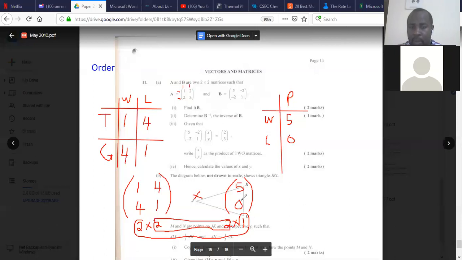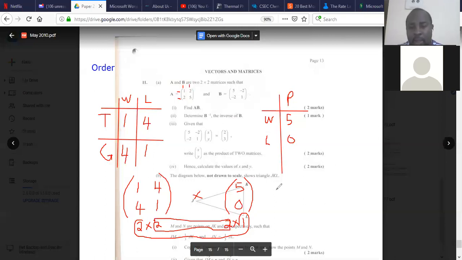In the first row, what is the first entry? 1. And the 1 represented what? Win or losing points? Win. So are we going to multiply by the 0 or the 5? 5. Good.